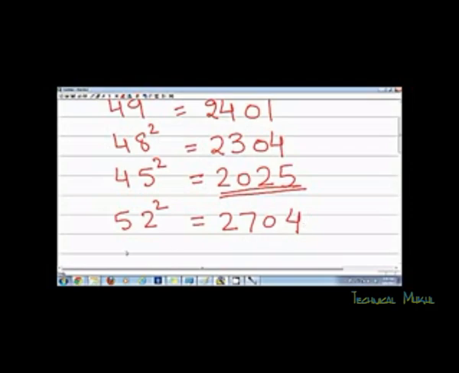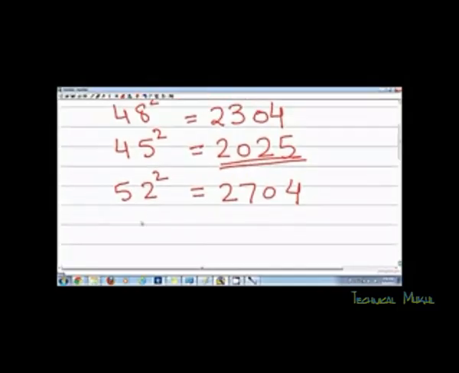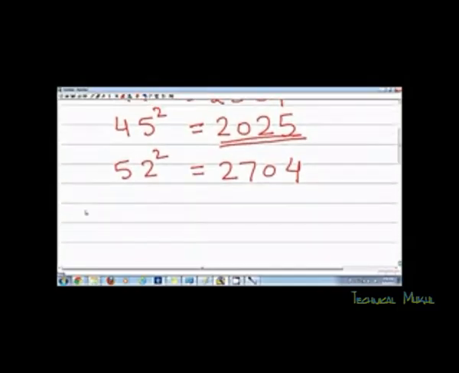This is not a magic, so I can show you how I come up with this trick. For example, if I have a number which is close to 50, so we have 50 plus x and we take square.